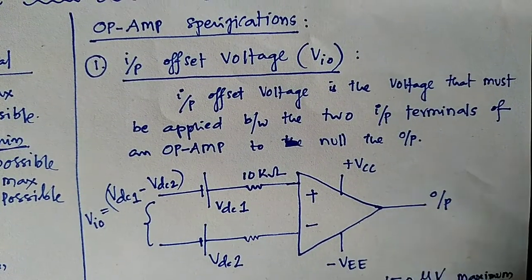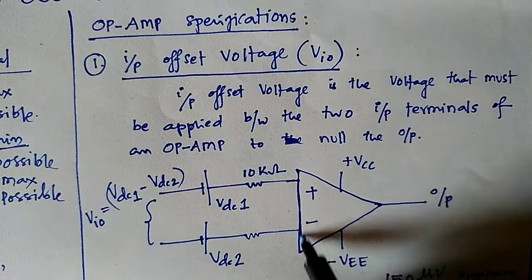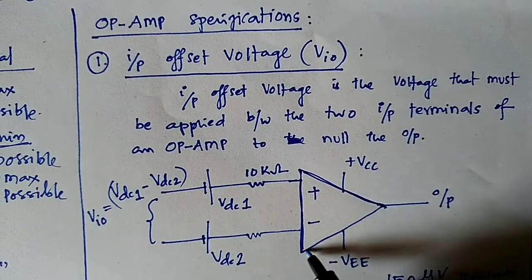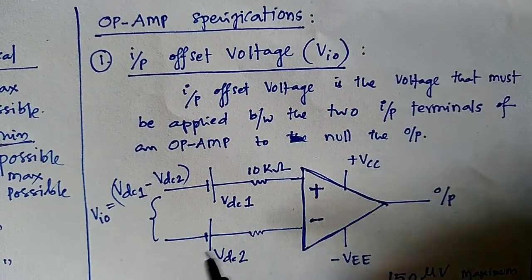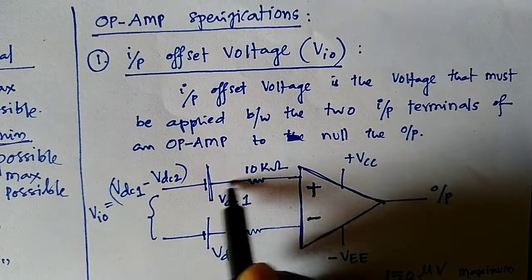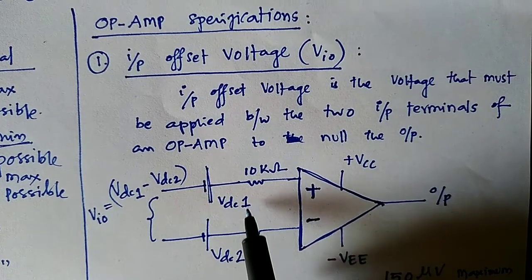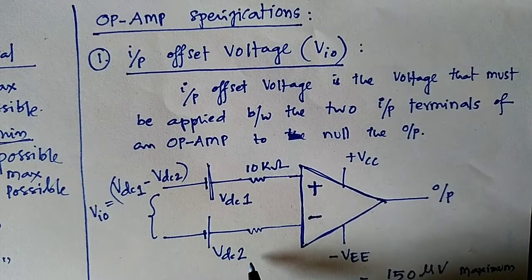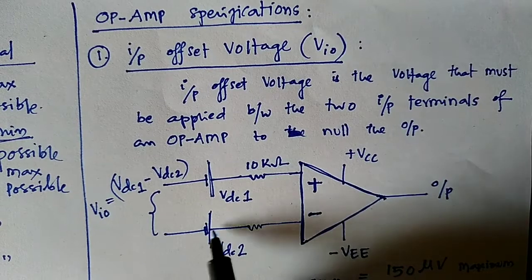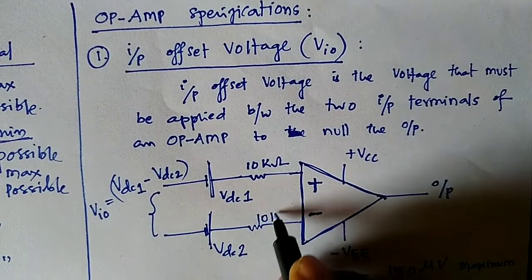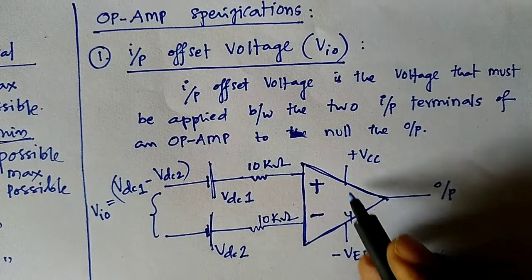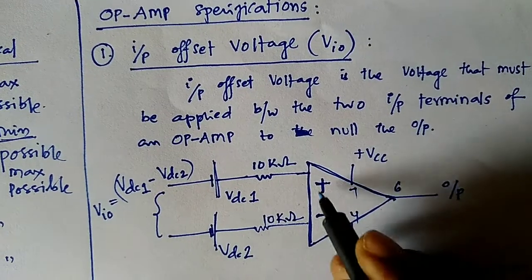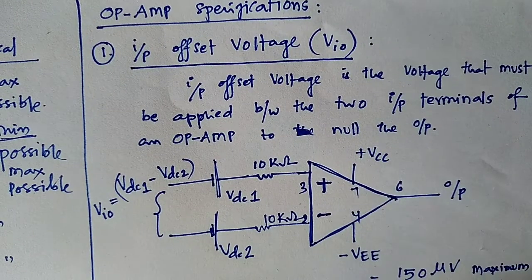Here we have the actual operational amplifier; this one is the inverting terminal, this one is non-inverting. Suppose you have two small DC voltages, VDC1 and VDC2, connected to the positive and negative terminals, which are pins 4, 7, 6, 3 and 2.